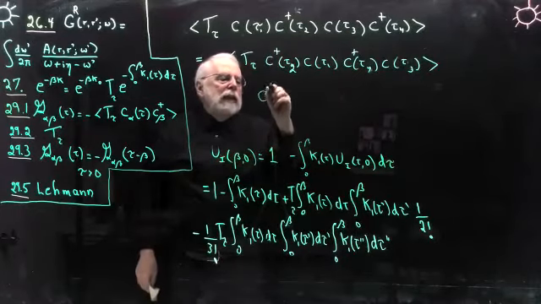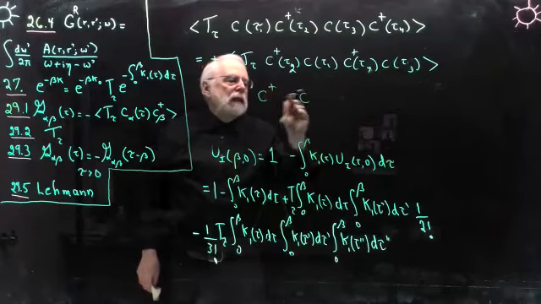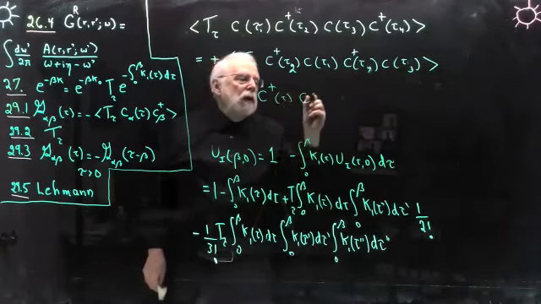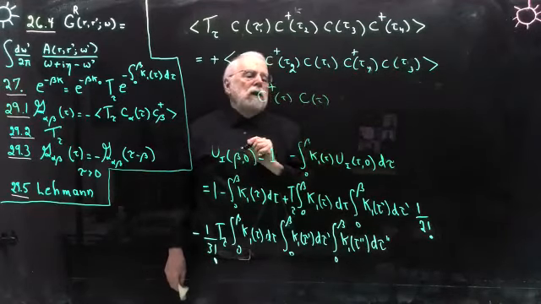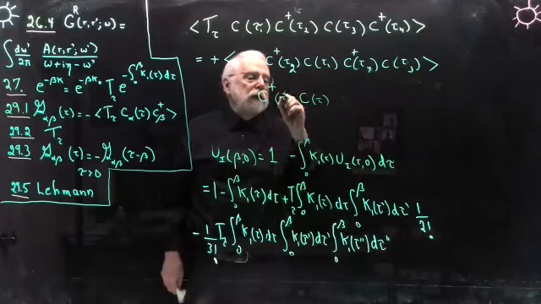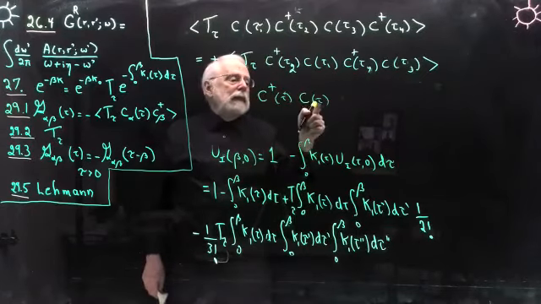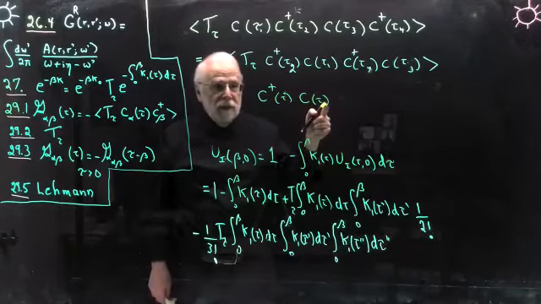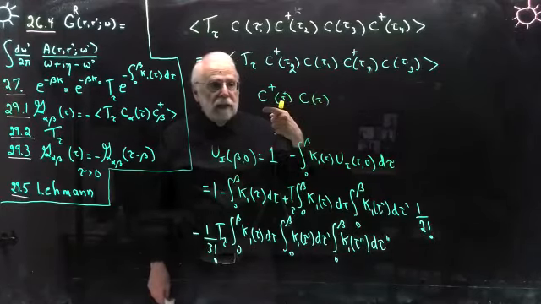So if you have a C dagger and a C that are at the same time, for example, at time tau and at time tau, then inside the time ordering operator, you have to put a little plus here to say that this is infinitesimally later than this one. So it's like that, okay?